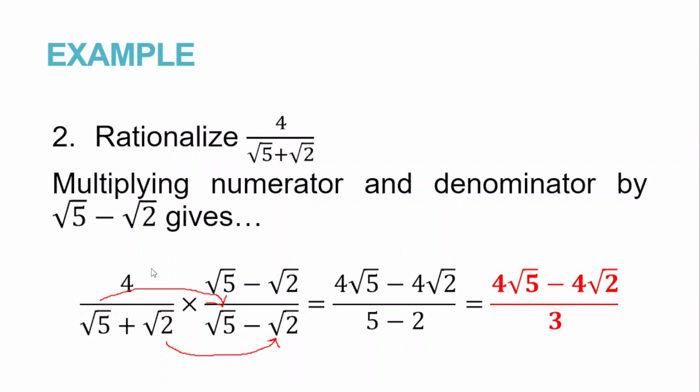So 5 times the square root of 5, that will give you 5, and root 2 times root 2, since they're the same and under the radical, you're just gonna cancel the radical. It will give you 2, and then 5 minus 2 is 3. So this is the final answer.